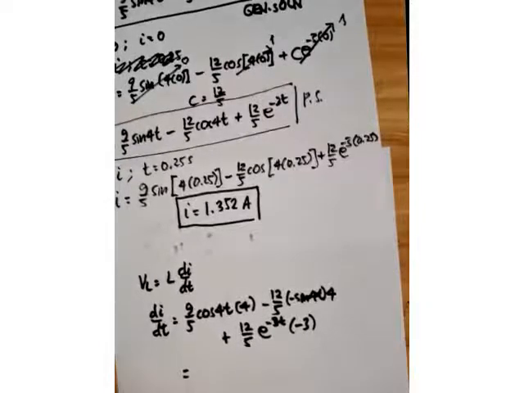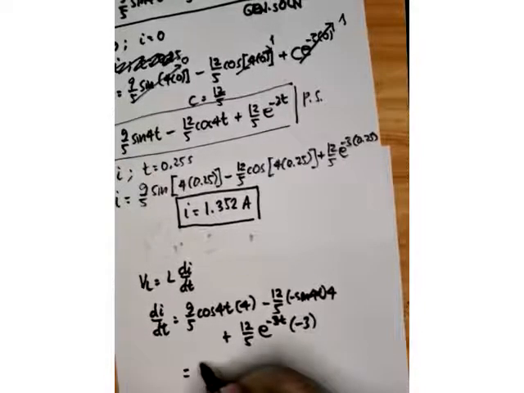Haba na naman. Okay, 9 over 5 times 4 times cosine 4 times 0.25, minus or plus na lang, plus 12 over 5 times 4 times sine 4 times 0.25, minus 3 times 12 over 5 times e raised to negative 3 times 0.25.